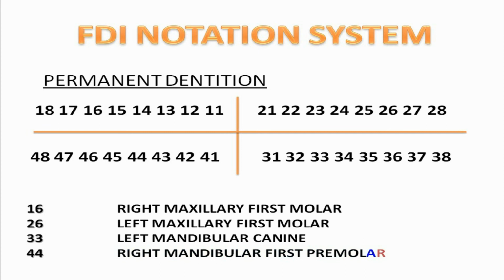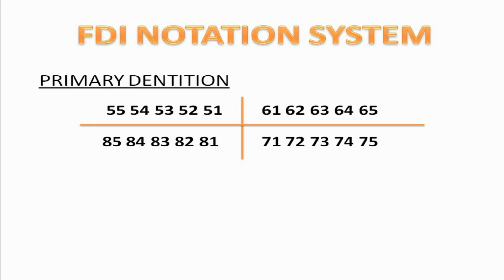Now we are moving towards the FDA notation system for deciduous dentition. Here, similar to permanent dentition, it is a two-digit system. The first digit stands for the quadrant. Since 1 to 4 is assigned for permanent dentition, here they have used 5 to 8. 5 is for maxillary right, 6 is for maxillary left, 7 is for mandibular left, and 8 is for mandibular right.